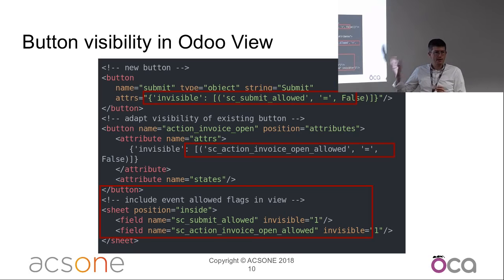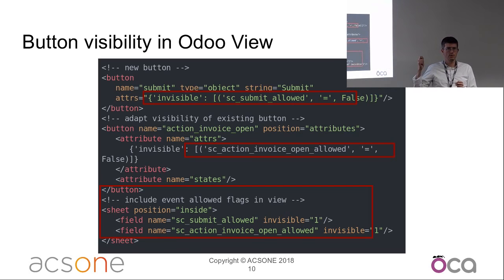Then to make it nice for the user, you work a little bit on the view. For that, we add a submit button. That's a new button we add in the view, with a visibility condition which says this button is invisible if the submit event is not allowed. So just checking a flag: if submit allowed is false, then this button is invisible.